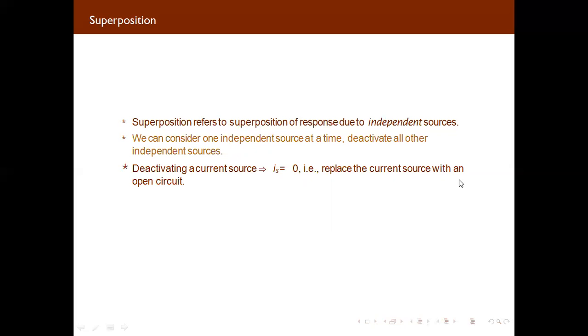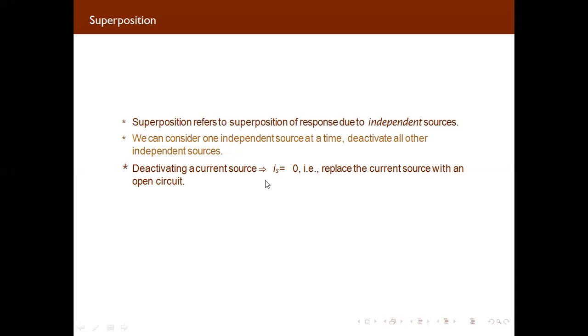So what we are doing here in superposition theorem, we are considering only one energy source active and all remaining energy sources as deactive. If we are deactivating the current source, we can take that current as 0 and consider the current source as an open circuit, because we know in an open circuit current will be 0 ampere.